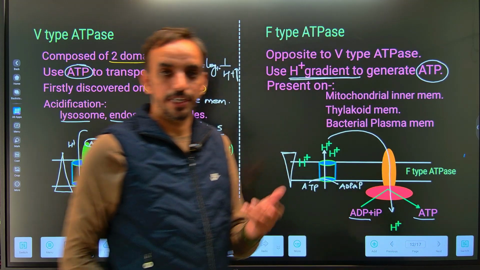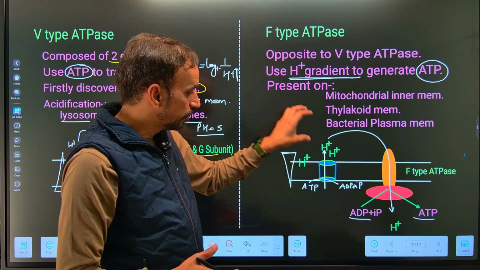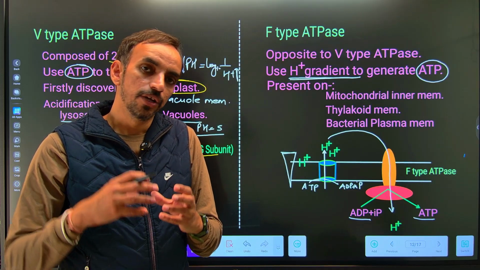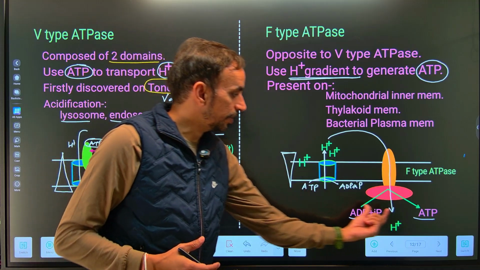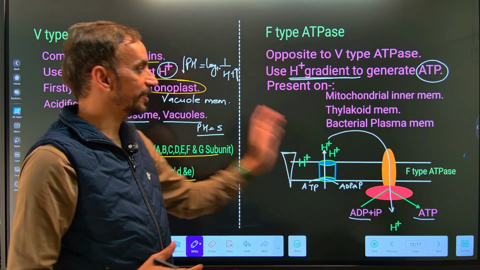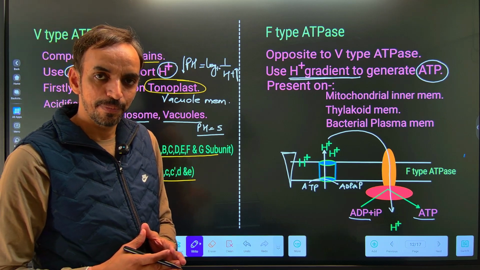So there is a generation of ATP. So यहाँ पे क्या किया बेसिकली आपने, जो H plus ion का gradient है उसको यूटिलाइज किया फॉर द जनरेशन ऑफ ATP. So their function is just opposite to the V-type pump.